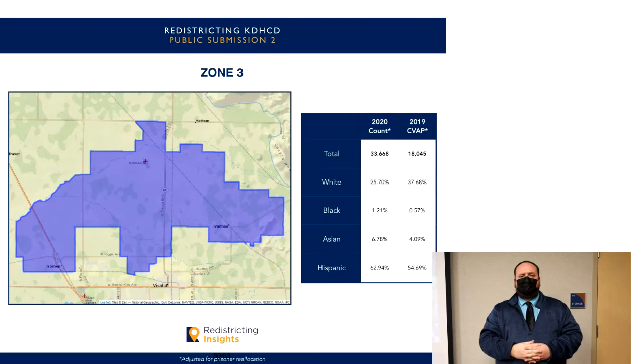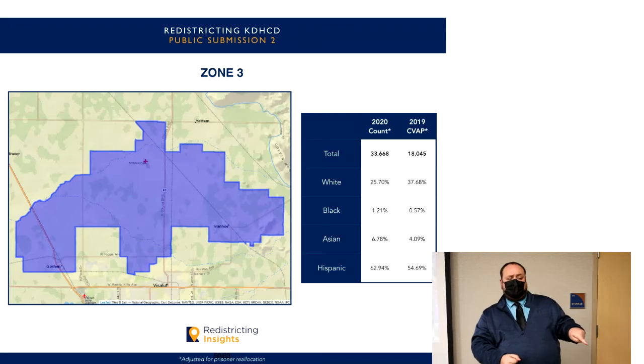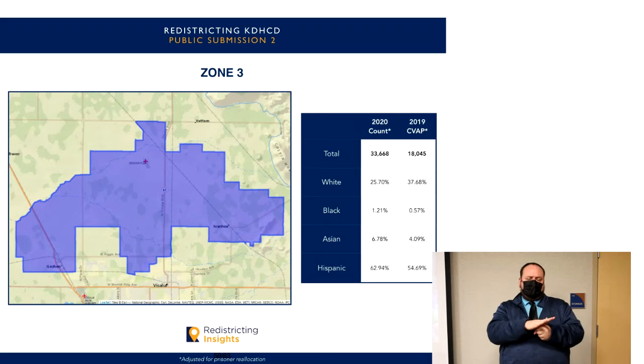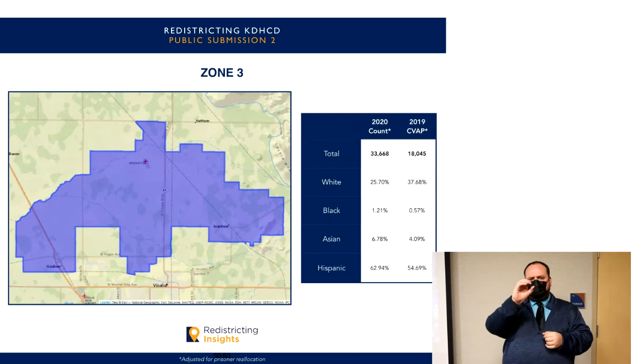And then finally this one labeled District 1 takes in the good northeastern neighborhoods of Visalia. A good quadrant here, tight deviation 0.15% and 62.02% Hispanic CVAP.